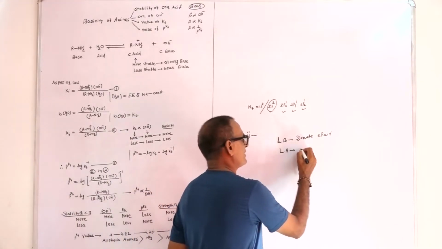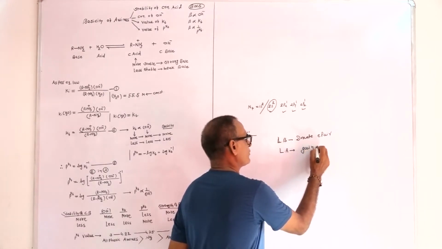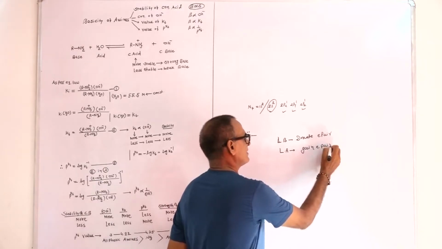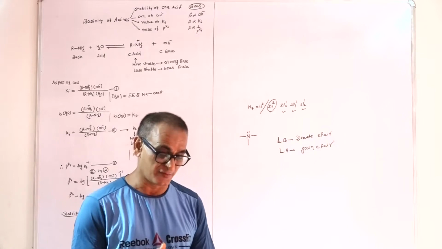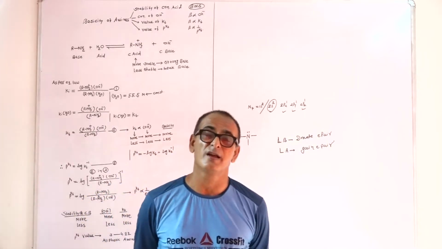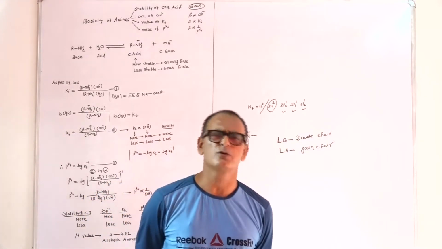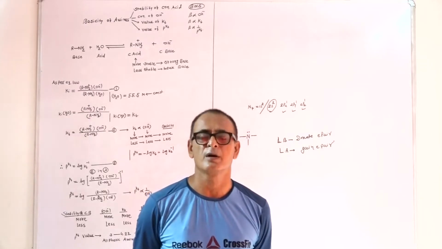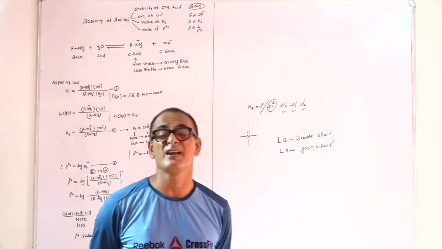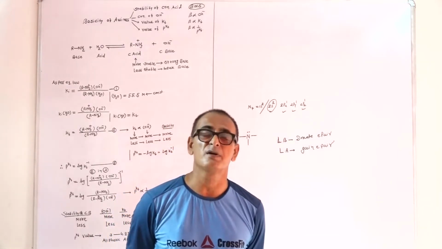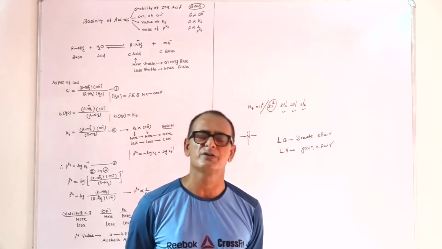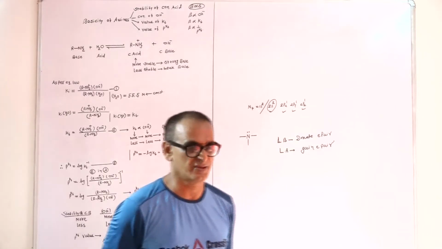The substance which is ready to gain an electron pair is known as a Lewis acid. The substance which gives hydroxy ion in aqueous solution is also known as an Arrhenius base. And the substance which gives H plus ion in aqueous solution is known as an Arrhenius acid.